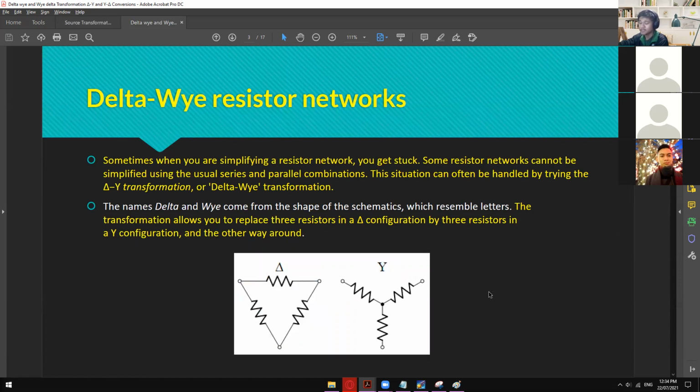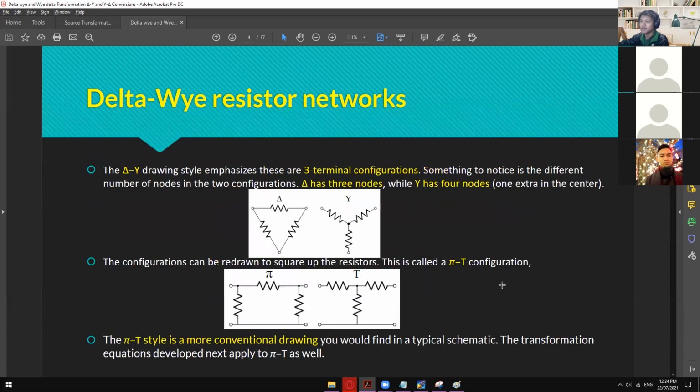But for Y, it's very obvious, wherein we have a Y circuit diagram in here. That's why it's called delta to Y transformation. So from here you can convert this one into something like this, or vice versa, you can convert this Y into a delta circuit diagram.